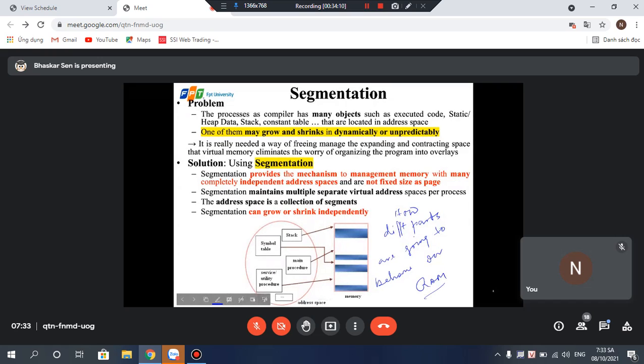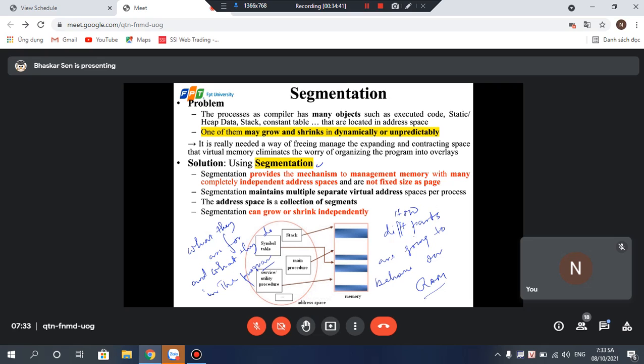Basically, what they are for and what they do in the program. So these are the parameters based on which we will use logical segmentation.